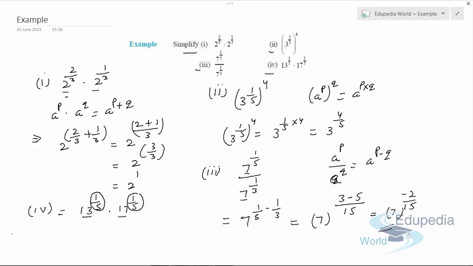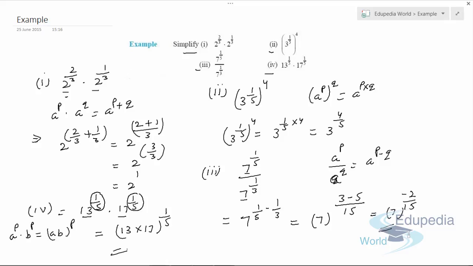So we can apply the law a raised to power p into b raised to power p equals ab raised to power p. So this question can be written as 13 into 17 raised to power 1 by 5, which can be simplified further.